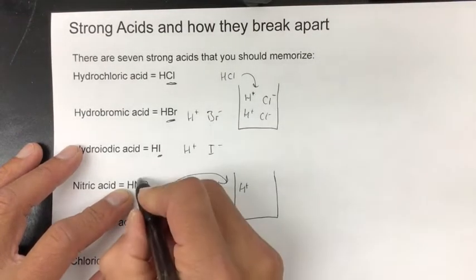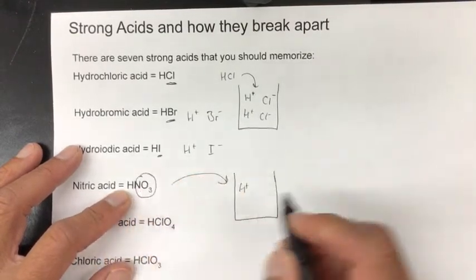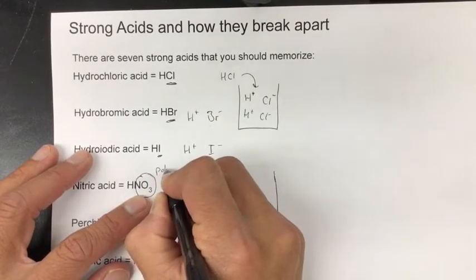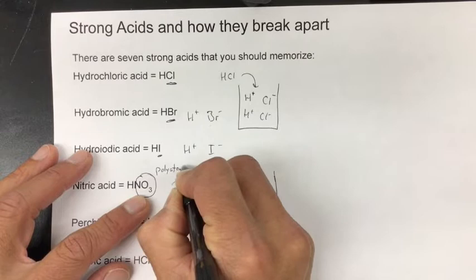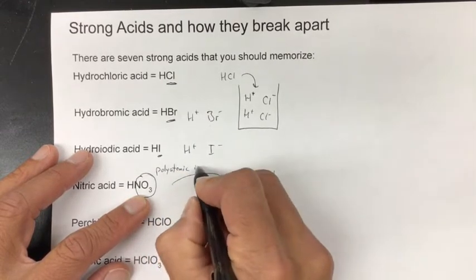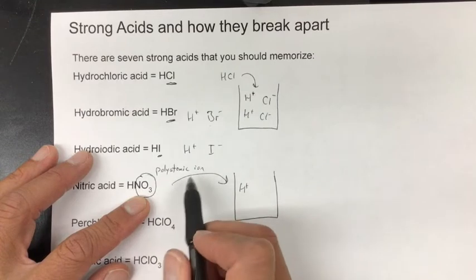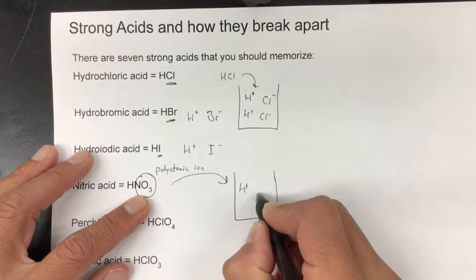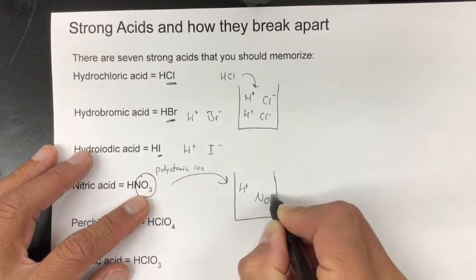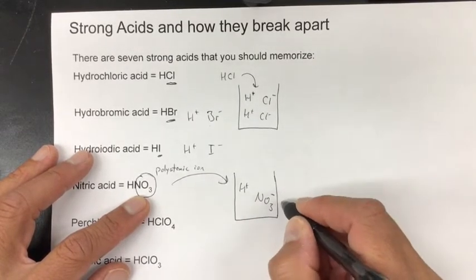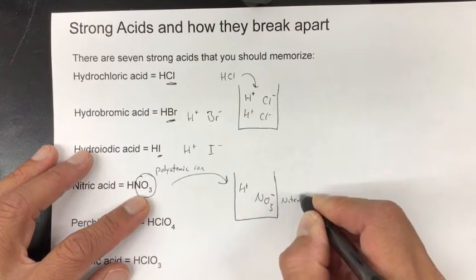But then the NO3, if we recall, is what we call a polyatomic ion. Polyatomic means many atoms in the ion, and it stays together. So it's NO3, and the whole thing has a negative charge. Remember, this is called the nitrate group.